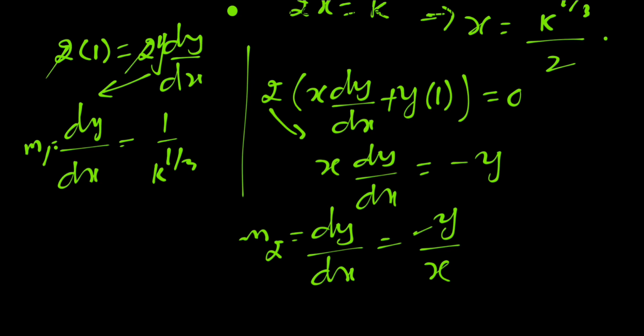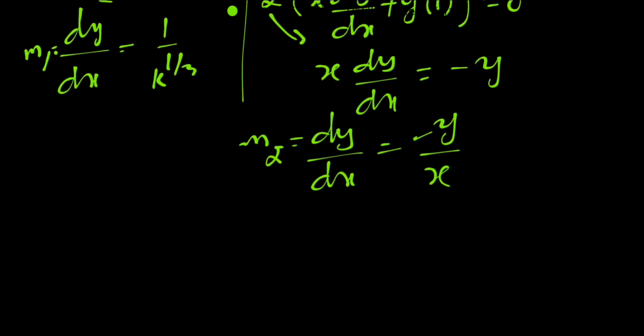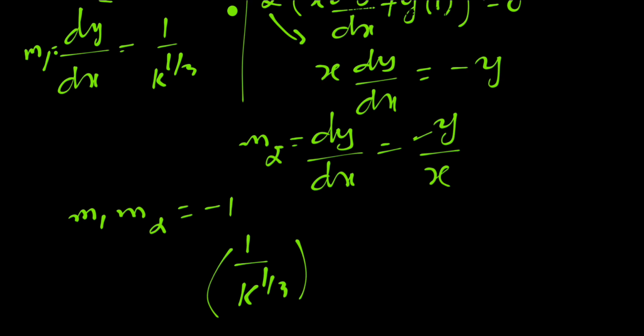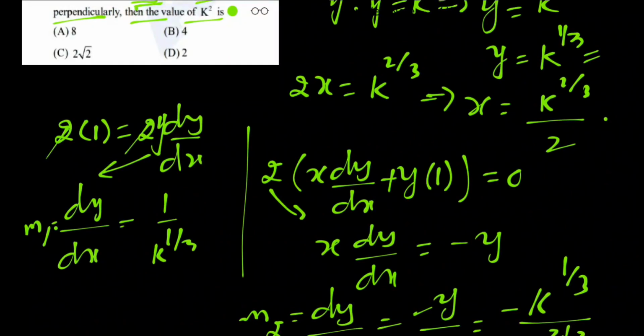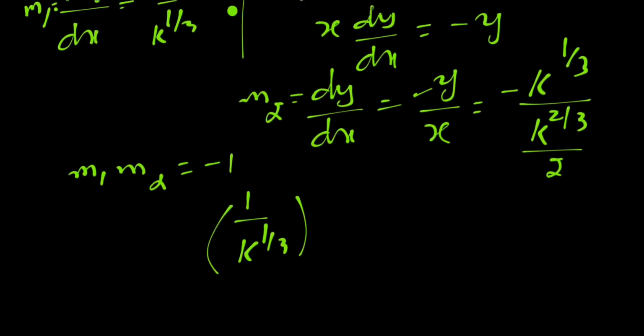Now by the given condition of perpendicularity, m1 into m2 is equal to minus 1. What is m1? m1 is 1 by k power 1 by 3. For m2, here also we have to substitute the values: minus k power 1 by 3 divided by k power 2 by 3 divided by 2, since the x value is k power 2 by 3 divided by 2.